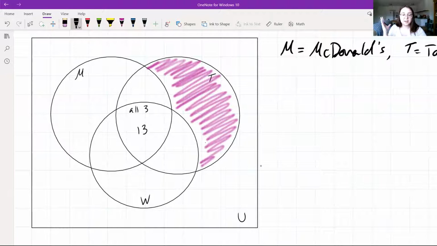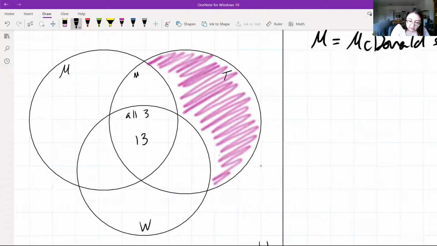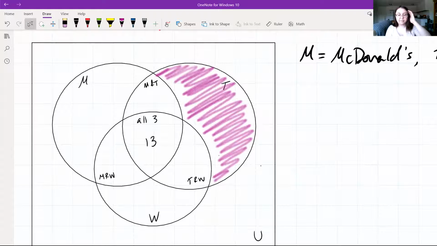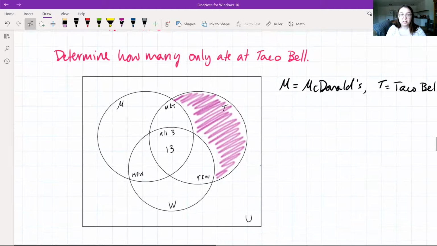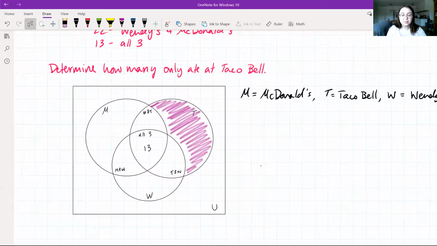Whatever value it's assigned, that's the value that it is. No subtracting, no adding, nothing. Then we want to see McDonald's and Taco Bell, McDonald's and Wendy's, and then Taco Bell and Wendy's.